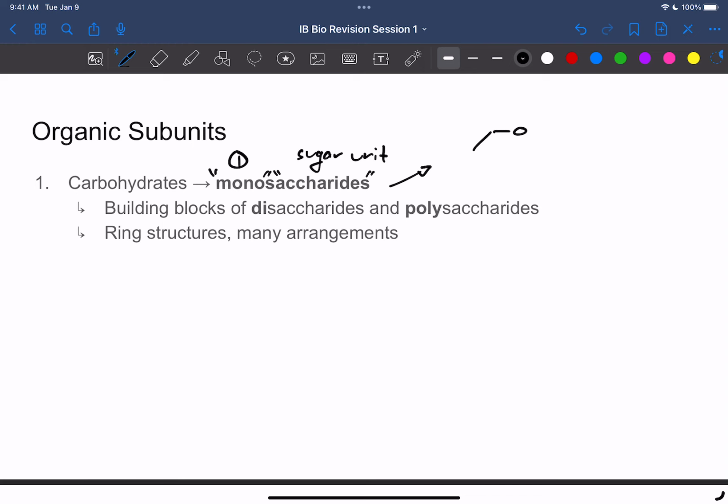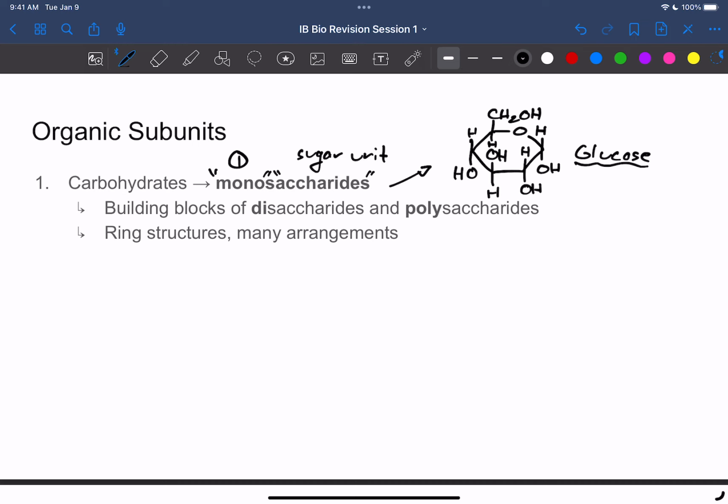So I'll just draw this. One of the things you're going to have to know for the exam is how to draw glucose. So yeah, that's an example.